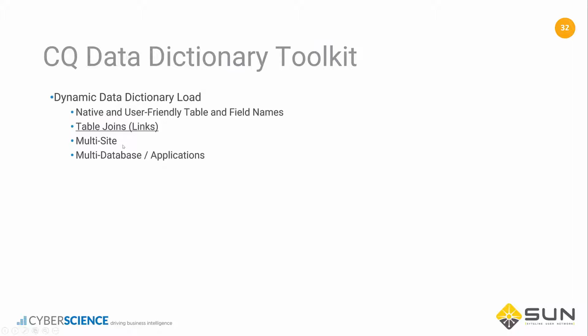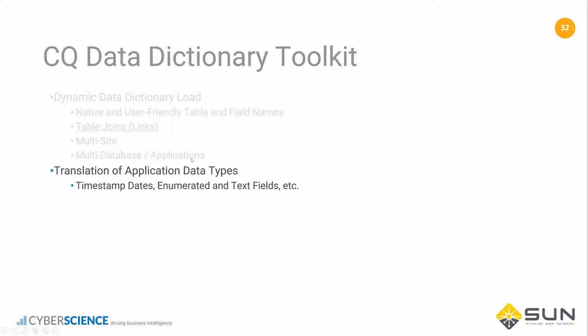The system handles multiple sites and multiple databases and/or applications right out of the box. You can, if you want, put them in separate dictionaries. You can have as many dictionaries as you want. Makes no difference to us. One of the nice things about the dictionary is it translates some of those funny data types that Infor likes to use. Infor likes to use a timestamp for every date field.